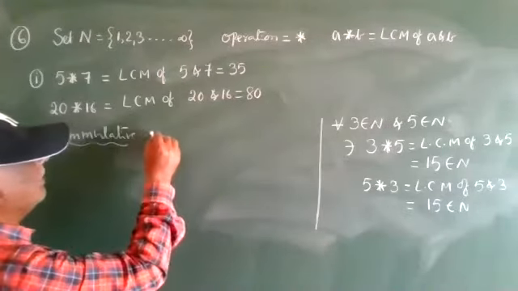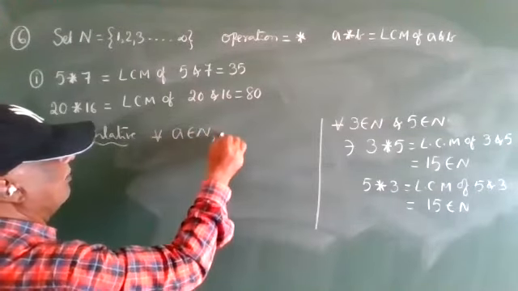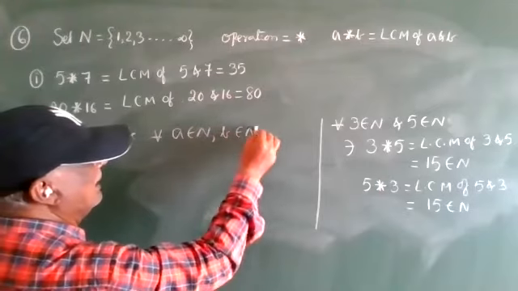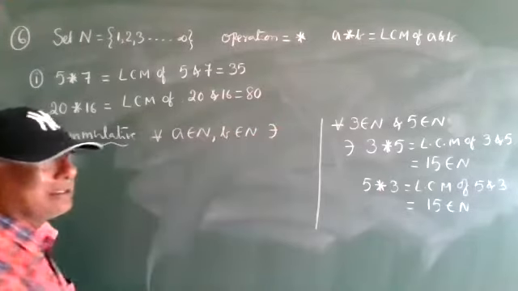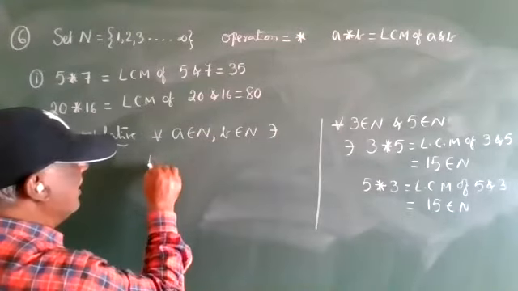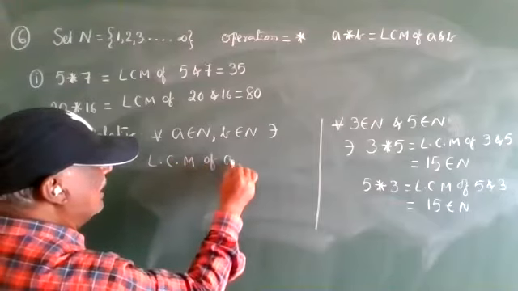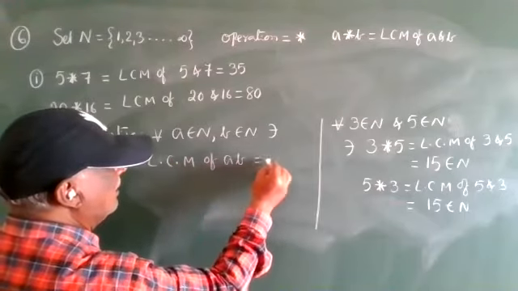Immediately write down. For all A belongs to N, B belongs to N, such that LCM of AB is equal to AB.